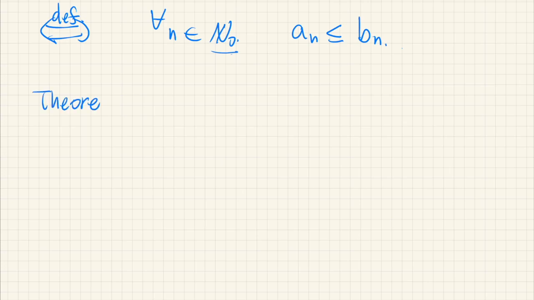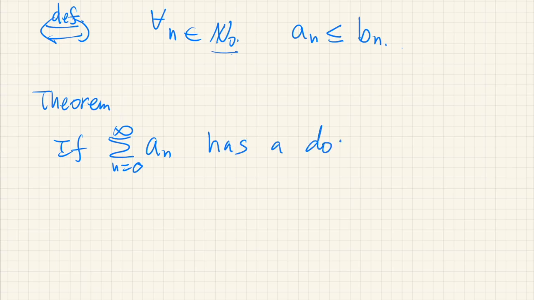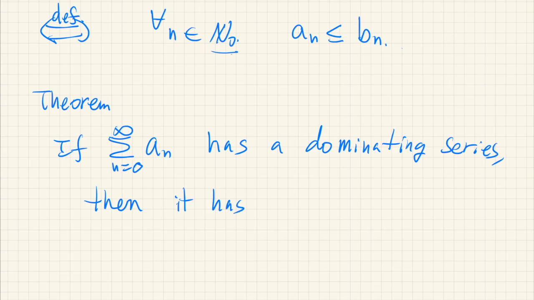Here's the theorem. If this series a_n has a dominating series, then it has a sum. So even if this is difficult to calculate explicitly, if we can find another series that converges and dominates this series, then we can be sure that this has a sum.